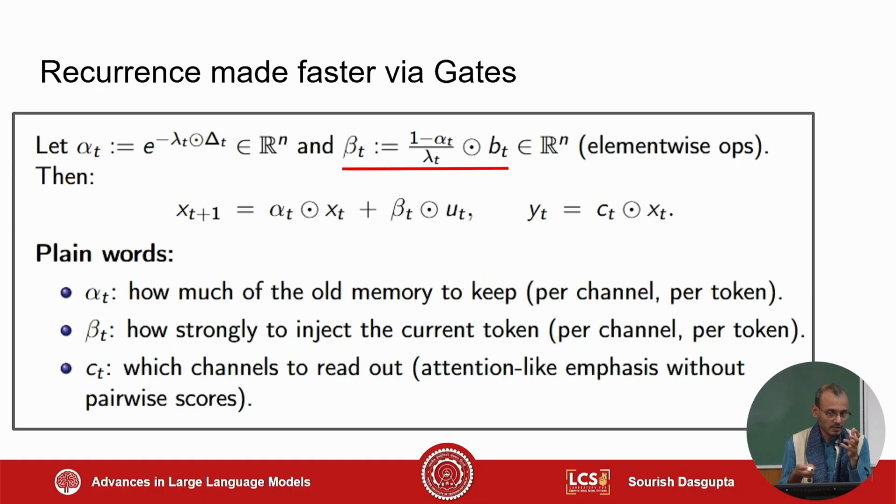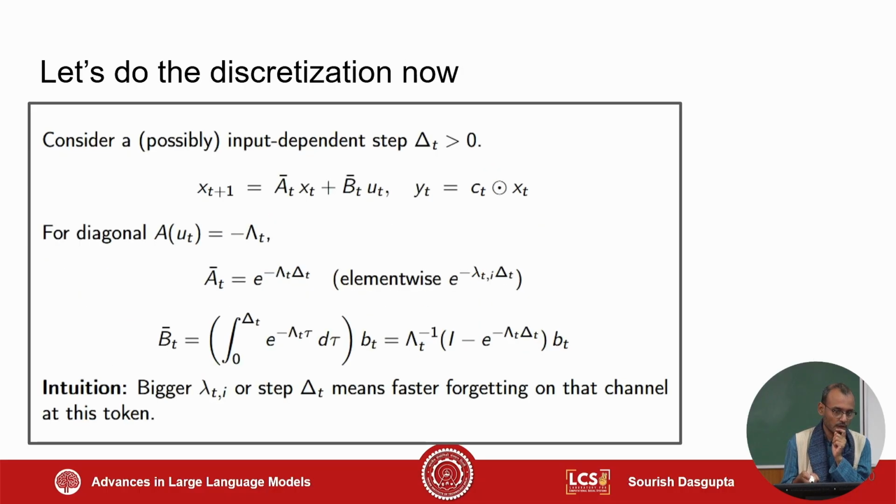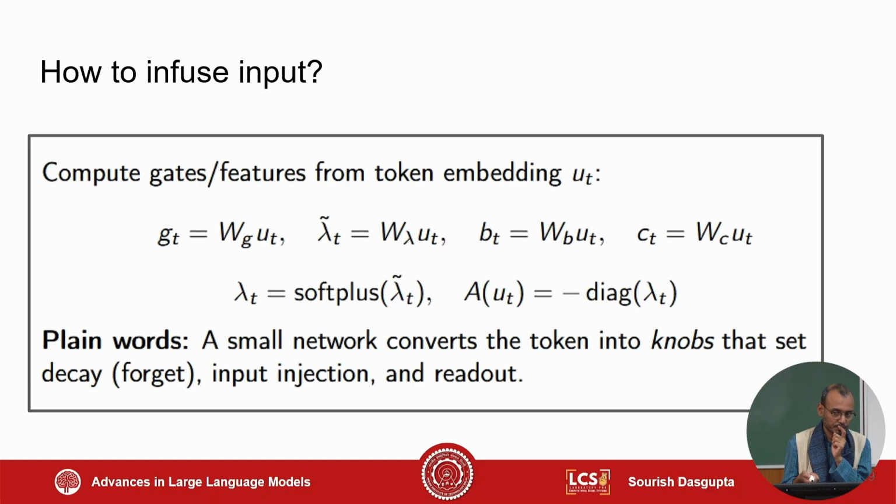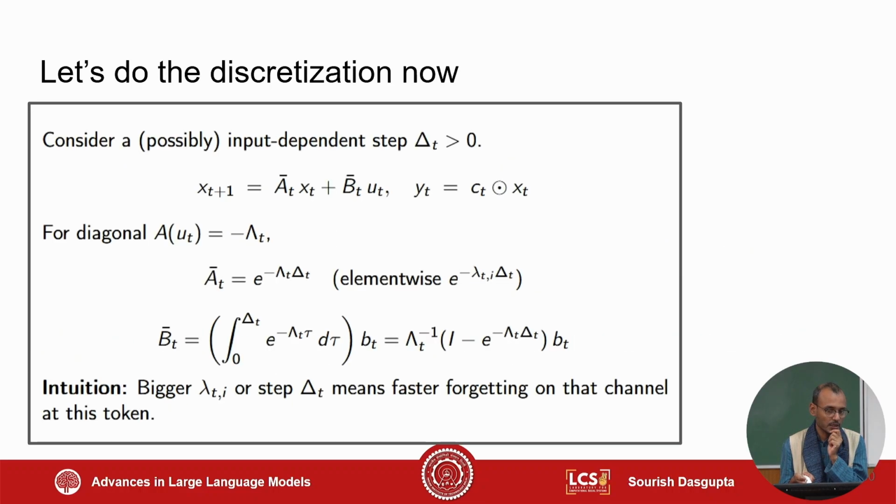And beta, which is the update gate, is basically 1 minus alpha t, divided by lambda t, multiplied by bt, where bt is basically wb multiplied by ut.